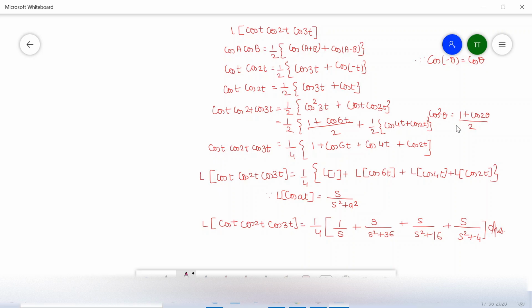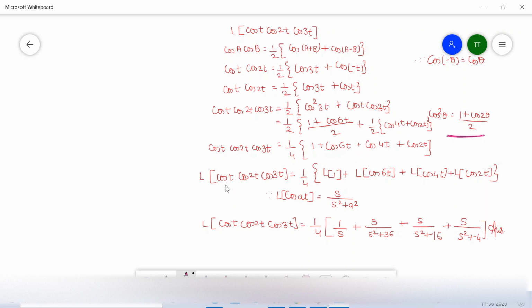For cos square theta, we apply the formula: cos square theta is (1 plus cos 2 theta) divided by 2. So (1 plus cos 6t) divided by 2, plus the cos A cos B formula. Same as previous, we apply cos 4t plus cos 2t. Okay, so after this step we just convert our multiplication term into addition terms, so we can easily apply the Laplace transformation.